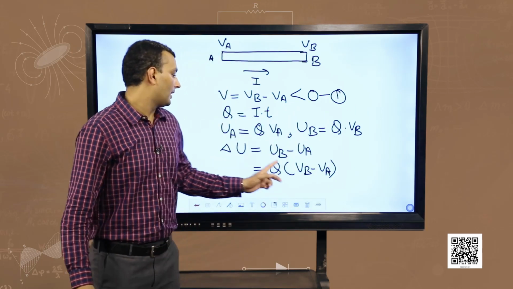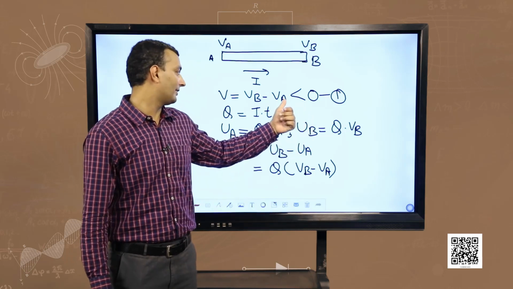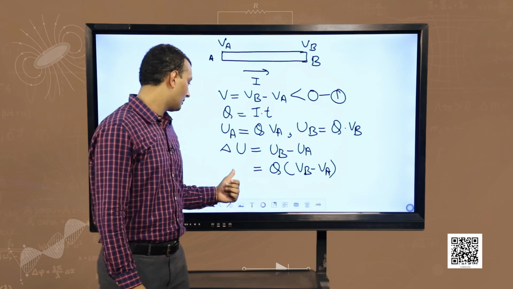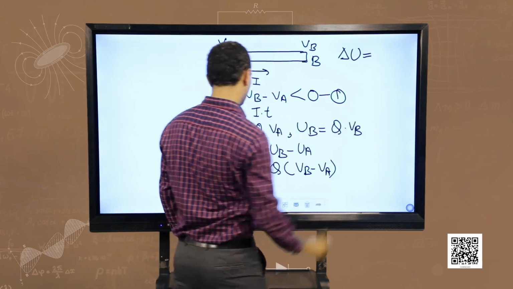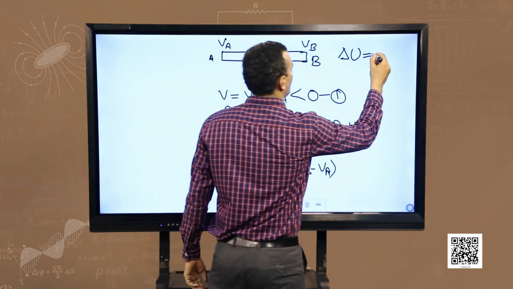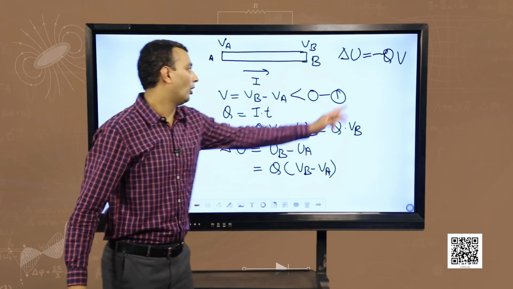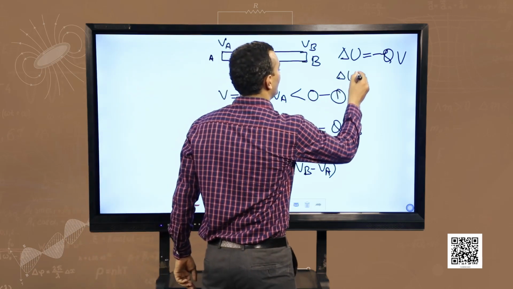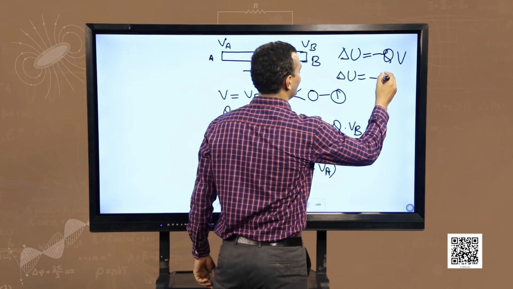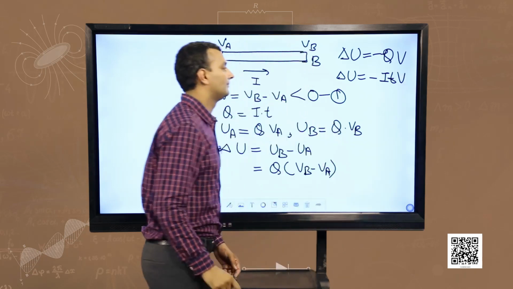From equation 1, Vb minus Va is a negative number. So putting its value as minus V, we get the change in potential energy as minus QV. Also, Q equals IT. So delta U becomes minus IT into V.